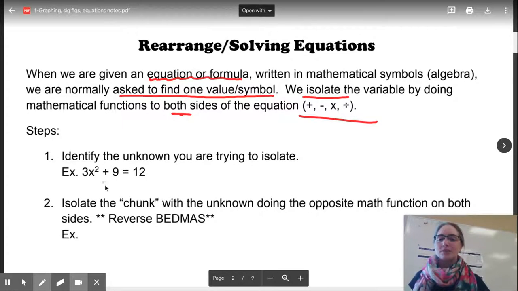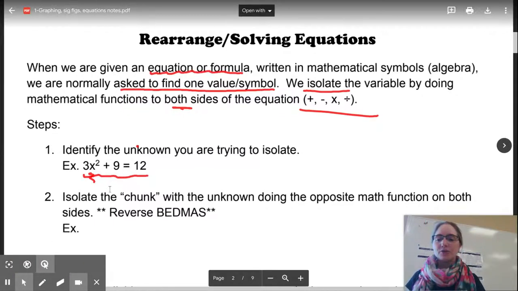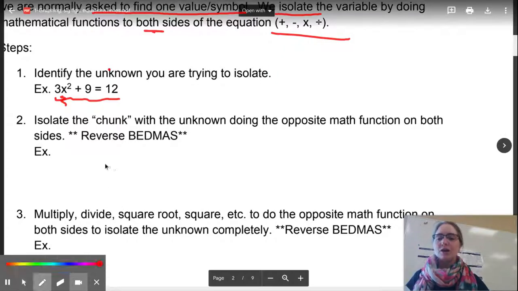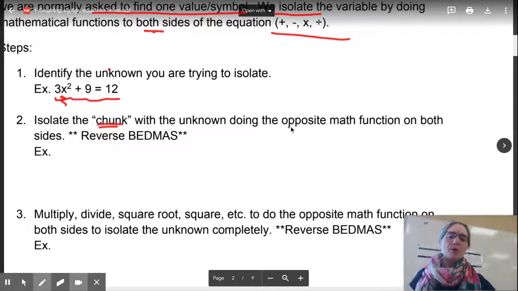So for our example here, we're just going to pick one of these. We pulled that one out of math. Identify the unknown that you're trying to find. In this case, we are going to isolate for x. So we're going to try and find x. When you rearrange your equation, you are going to isolate the unknown by doing the opposite math function on both sides.